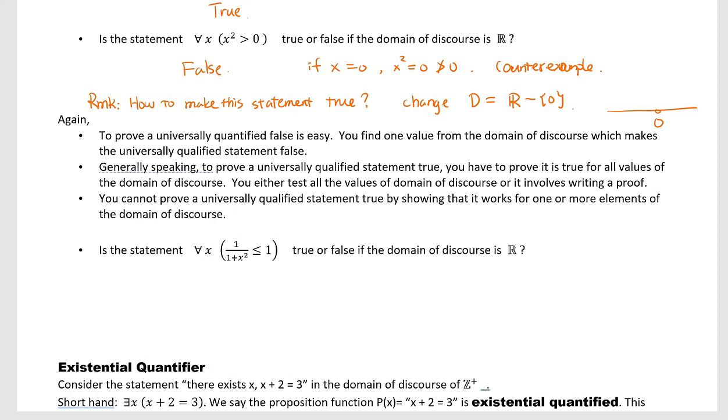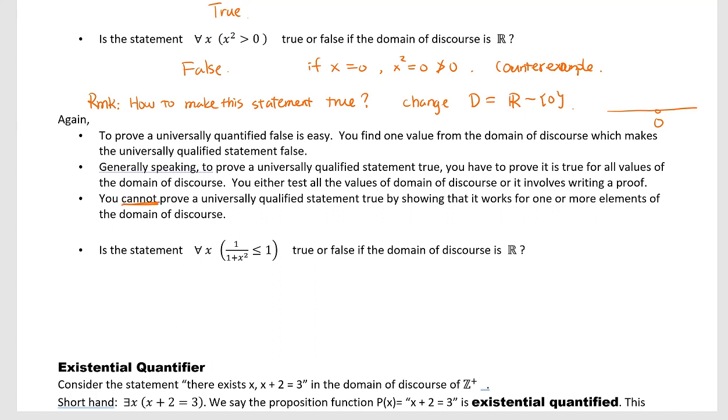You either test all values of the domain or it involves writing a proof. Okay? You cannot prove a universally quantified statement true by showing that it works for one or some elements of the domain. You must show it works for all the elements in the domain. Okay, so just be careful, cannot.